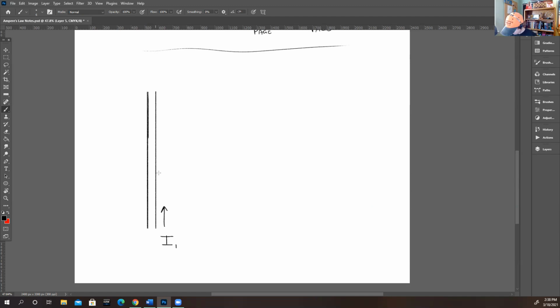Let me try to draw a couple loops, and then I'll represent it as dots and X's. Let me do a loop like this. So it's like that. And we have to always remember too that magnetic fields aren't just a single line like this.